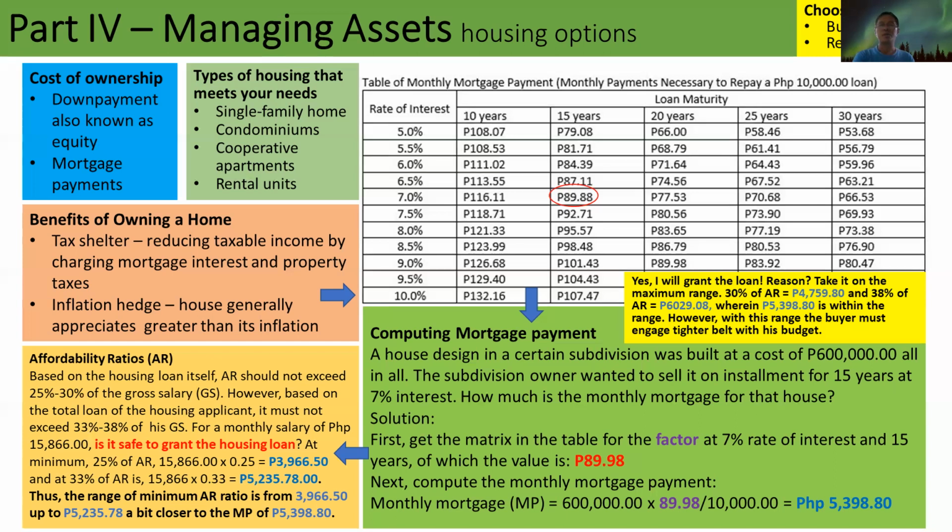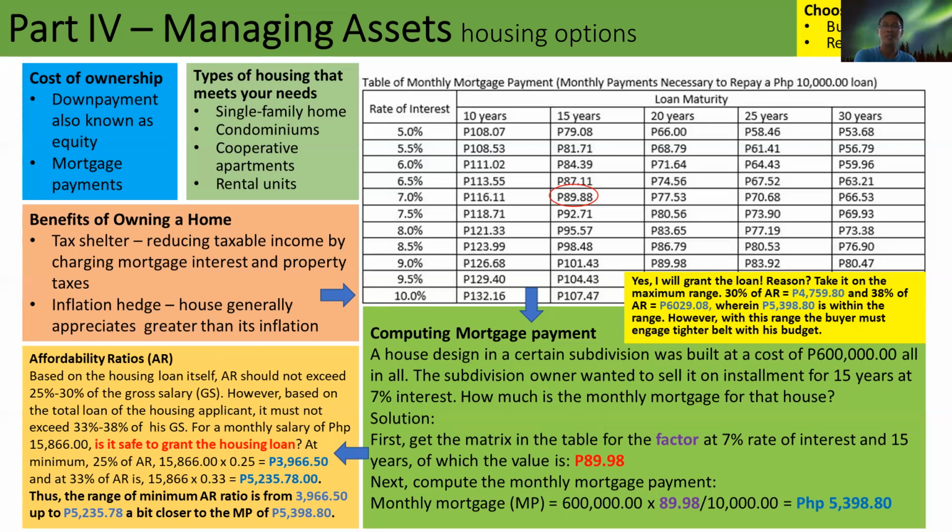No? So let me stand corrected. That will be 89.88 and not 89.98. O, ganyan talaga, class. Anyway, ang value niyan hindi naman magkakalayo. No? Sorry for the error. 89.88 pala yan. Not 89.98.